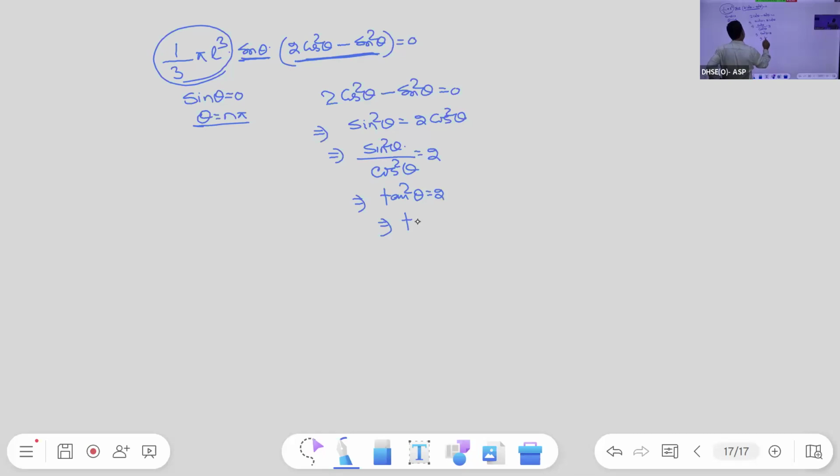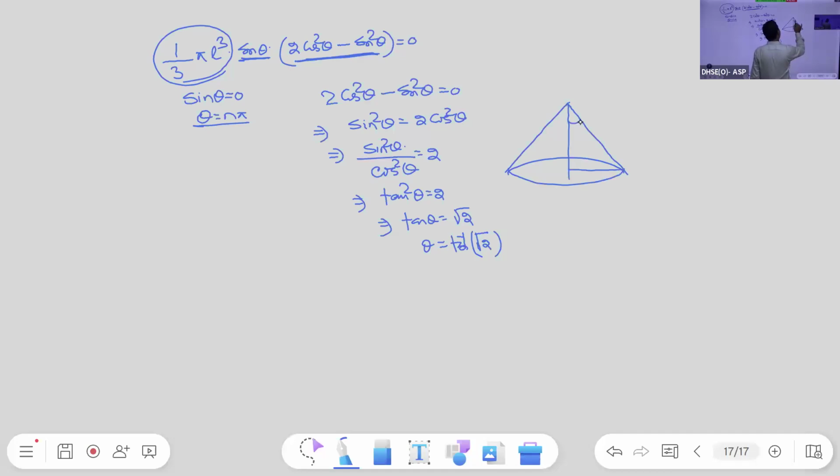This implies tan theta is equal to root 2. Theta is equal to tan inverse root 2. The semi-vertical angle can never be a negative angle. So from this it is clear that when the volume of the cone is maximum, then the semi-vertical angle is tan inverse root 2.